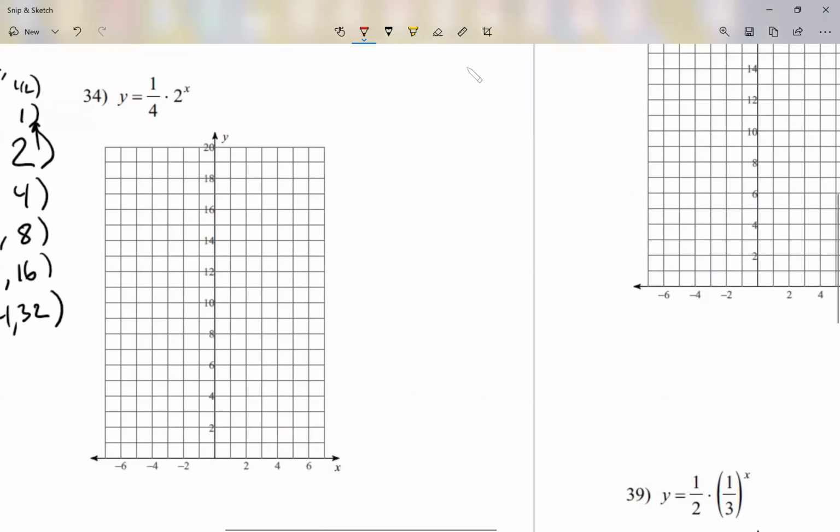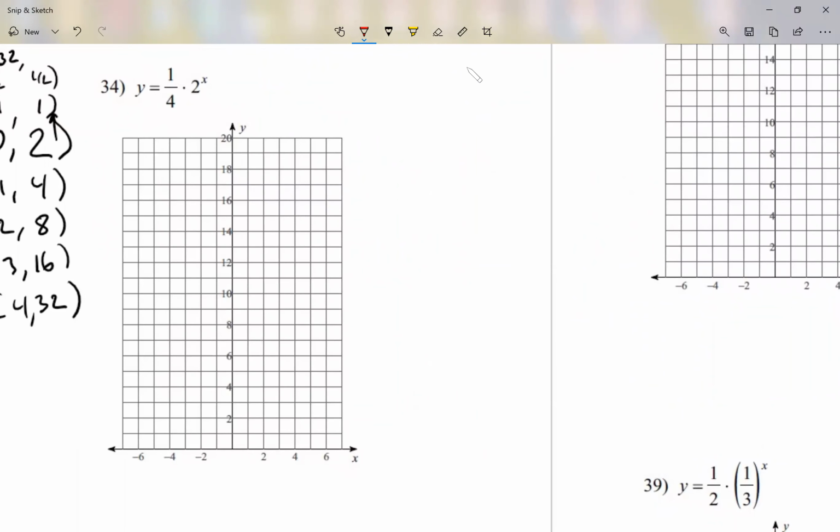All right, let me take a look at number 34. If I wanted to create my list, I want to say 1/4 is my first number. All right, I can deal with fractions. That's not a big deal. My ratio in this case is 2.